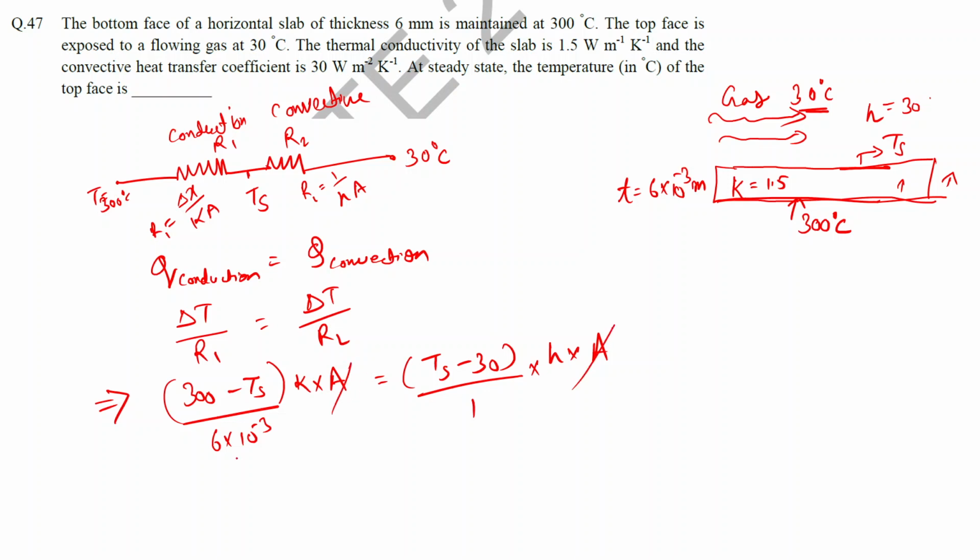So the value of H and the area will be here, so this area will get cancelled out, and we can replace the value of K as 1.5, so this will become 1.5 into 10 raised to 3 upon 6 into 300 minus Ts is equal to Ts minus 30 into value of H, we have been given it as 30.